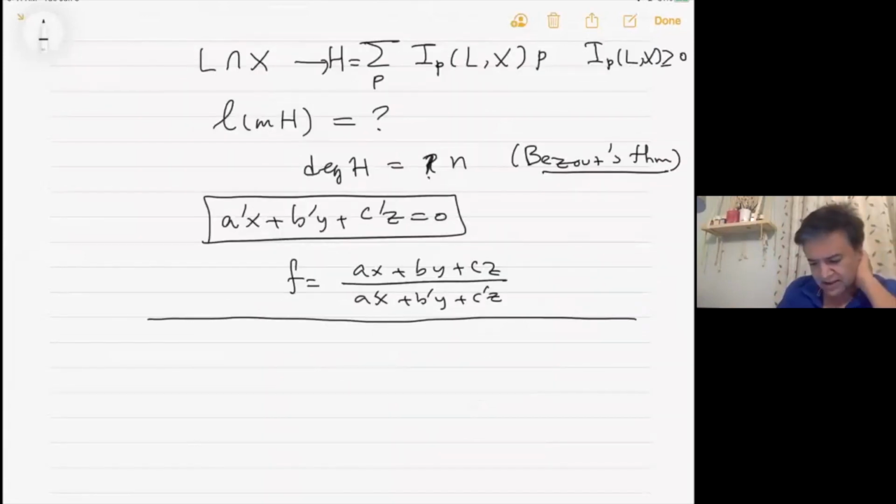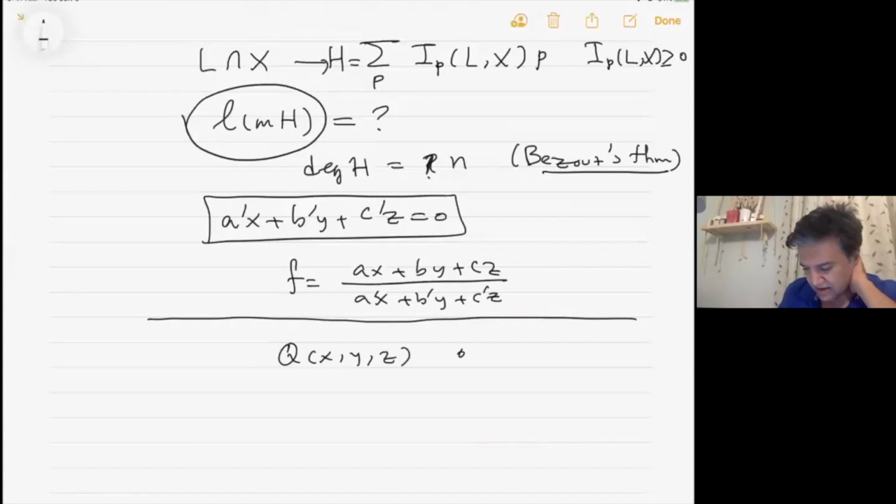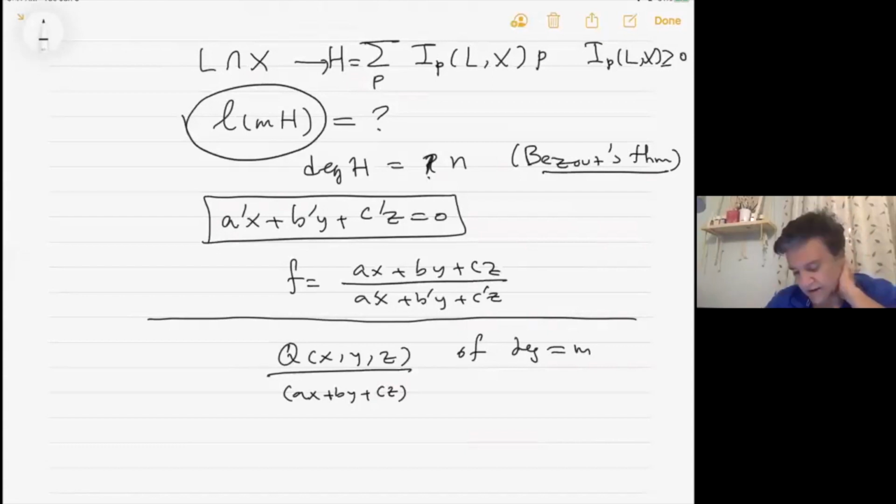Now, what can I say about L of mH? If you give me a polynomial of degree equal to m, then the divisor of this q(x, y, z) and the divisor of (ax + by + cz) to the power m are going to be equivalent to each other.